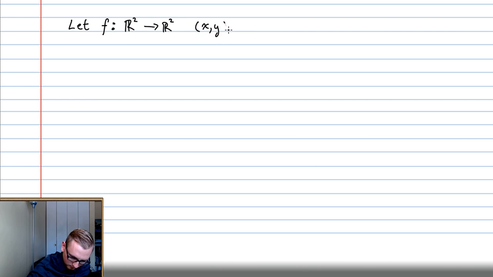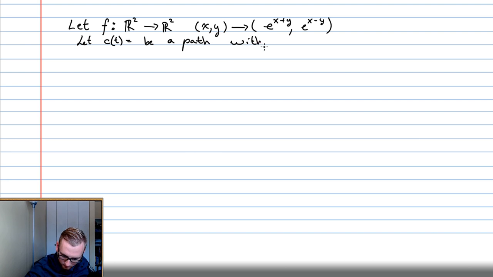We've got X and Y mapped to e to the X plus Y and e to the X minus Y. Let C of t be a path with C of 0 equal to 0, 0, with C prime of 0 equal to 1, 1. What is the tangent vector to the image of C of t under F at t equals 0?